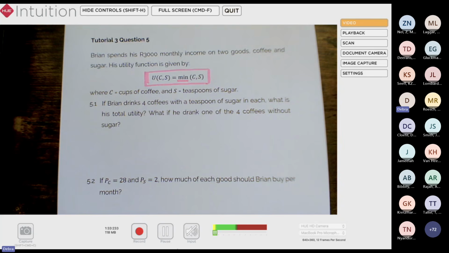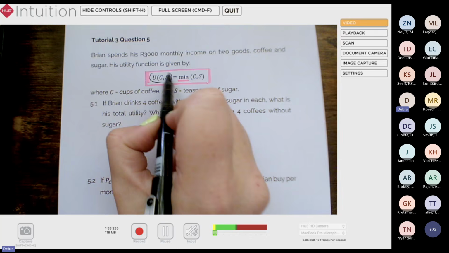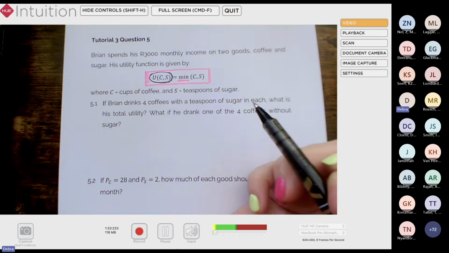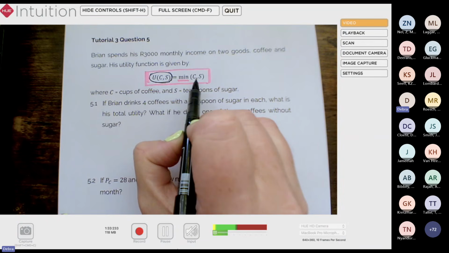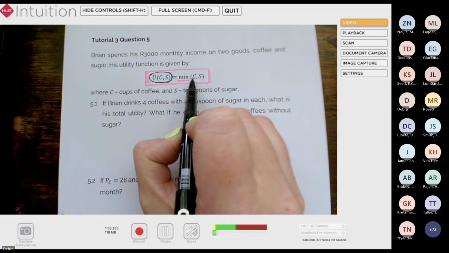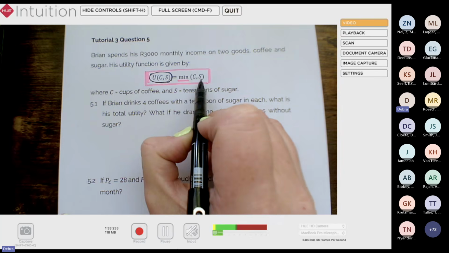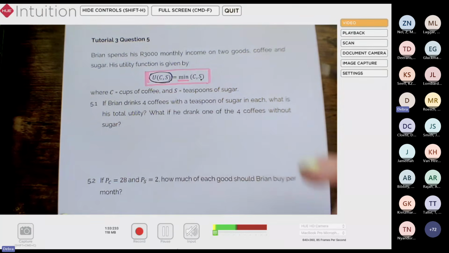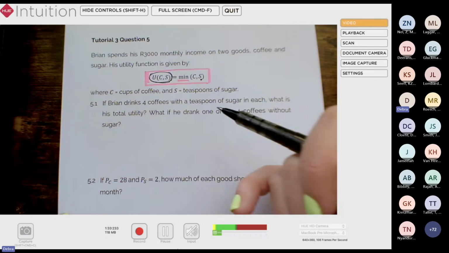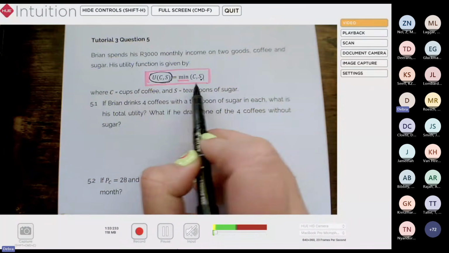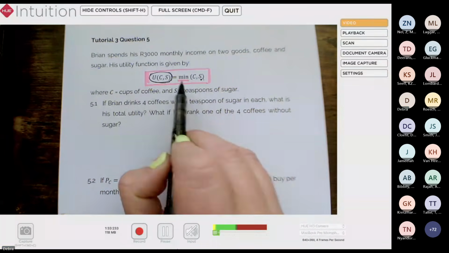The min just means that the value this takes will be the minimum of these 2 numbers. I'm going to explain that by going through the question, because I think it's going to make more sense once I start, why it is that we represent perfect complements using a min function.